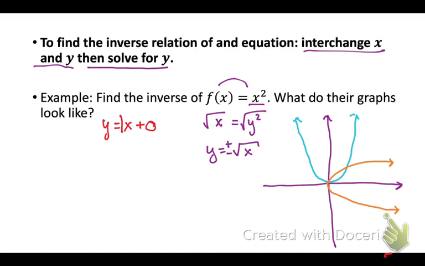It's called the identity line, y equals x. Are these two graphs reflected across this line? Yes. And that's what all inverses do. Every single inverse reflects across y equals x, as long as you find it right.